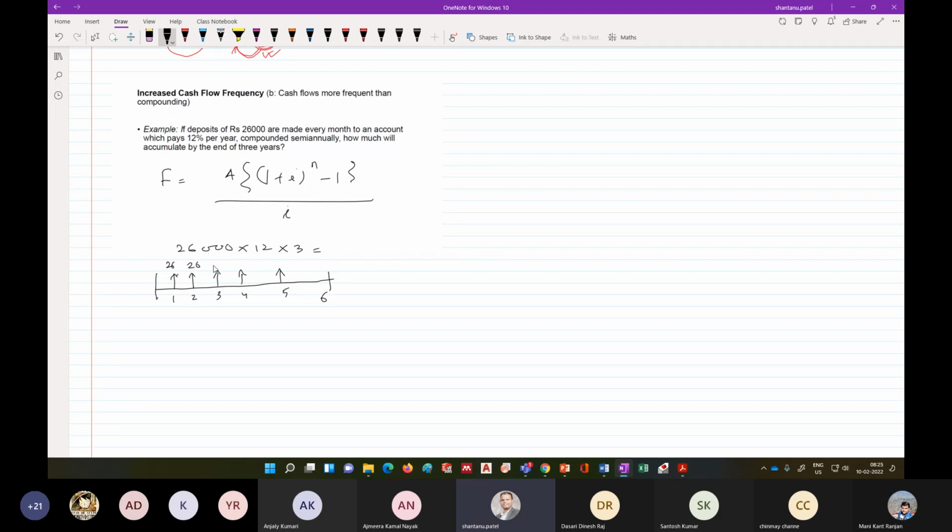26,000, 26,000, 26,000, 26,000, 26,000 and 26,000, right? So what we are saying here is the whole money you are getting in this period will go to the compounding interval where the compounding is done.